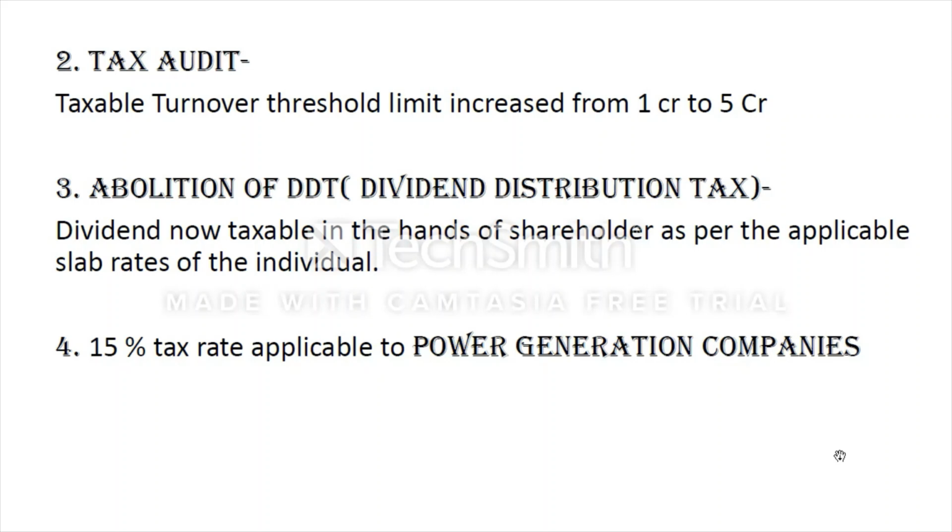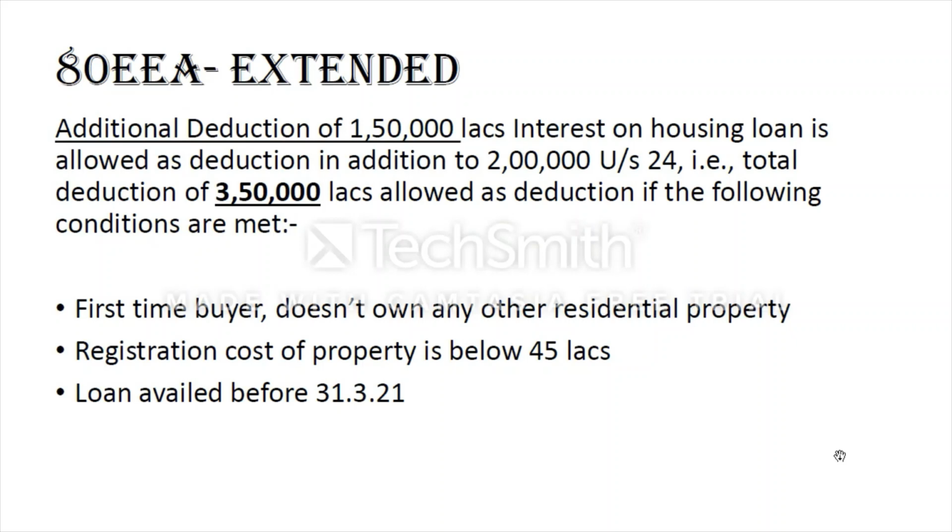And the fifth most important change is the additional deduction of 1.5 lakhs. Now, if a person has taken a house loan, then earlier we used to get a deduction of 2 lakhs as interest on housing loan if a person has occupied that property.